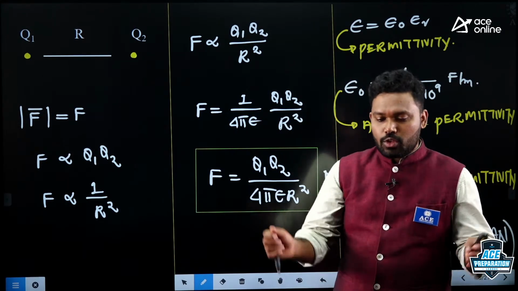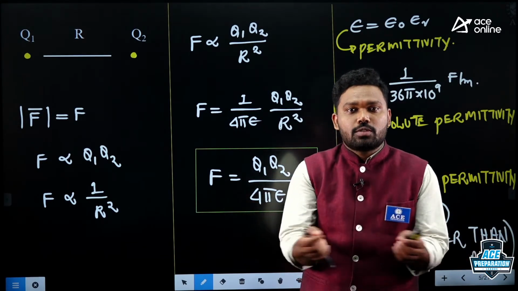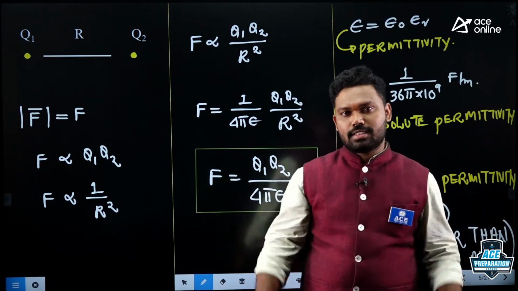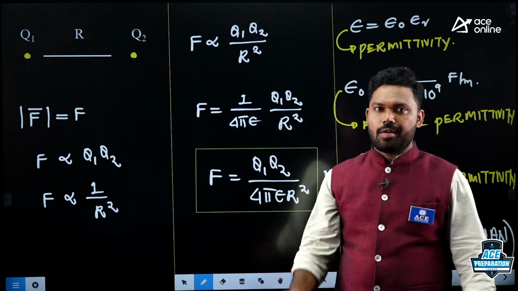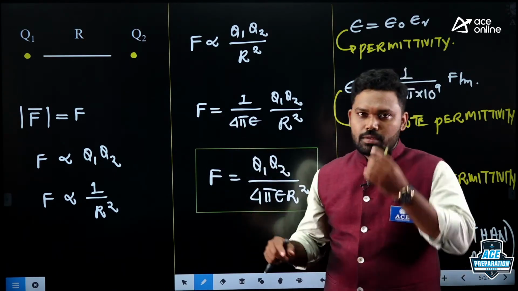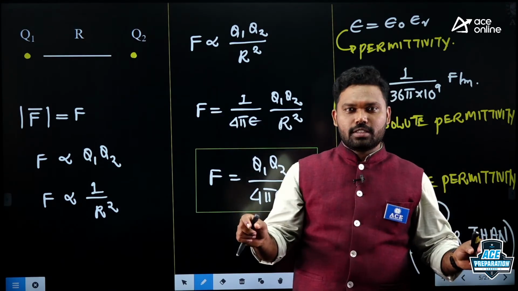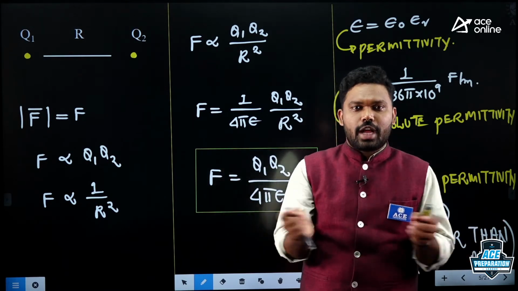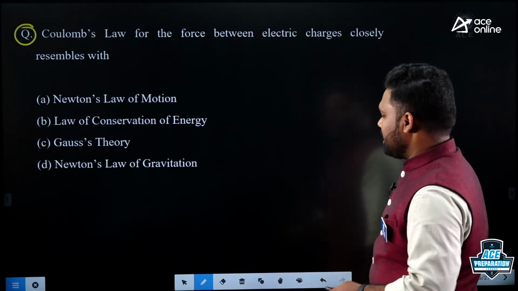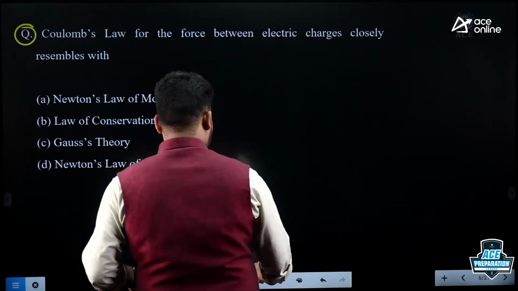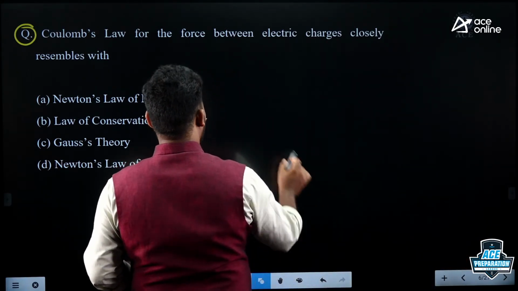Newton talks about the gravitational force between two masses, two objects which have some masses m1 and m2. And Coulomb's law is talking about two bodies which have charges q1 and q2, and it talks about the force between them. Okay, something similar here. Let me write down. I'll just recall your basics.